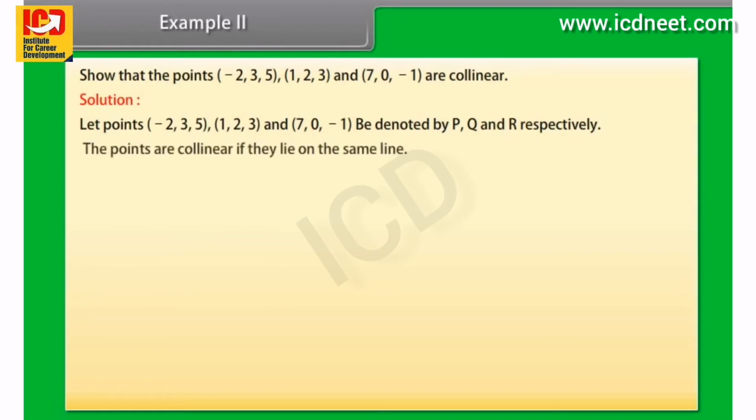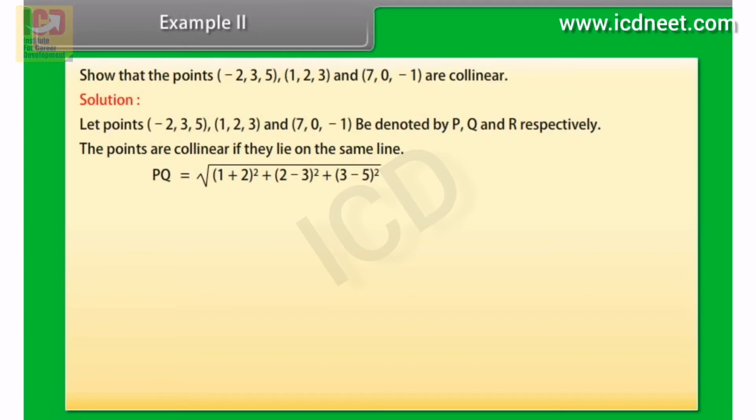The points are collinear if they lie on the same line. PQ = square root of (1 + 2)² + (2 - 3)² + (3 - 5)². After calculating PQ, we get square root of 14.